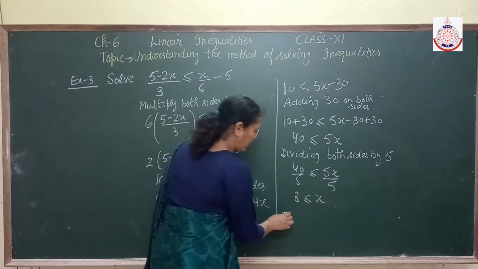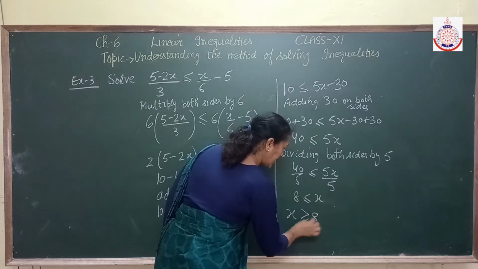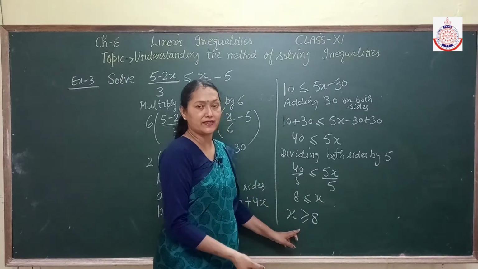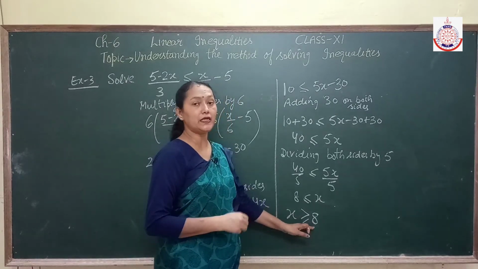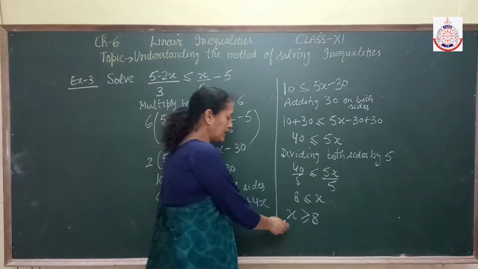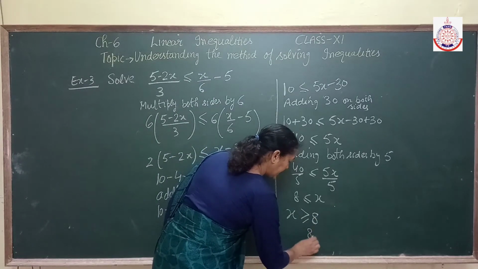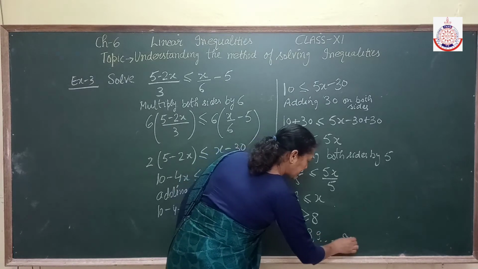What we have got is x greater than or equal to 8. In previous two examples, we have taken strictly less than. Here it is greater than or equal to 8, means 8 is to be included. So all the numbers which are greater than 8, 9, 10 and so on up to positive infinity.